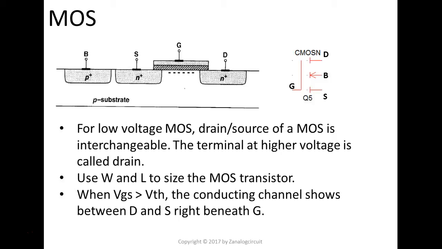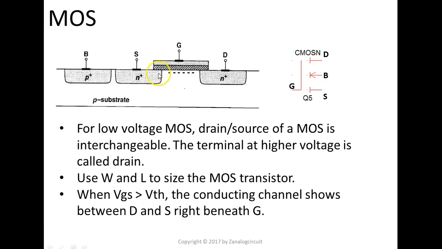Things are more obvious when you look at the cross-section of the MOS in the layout. As we just said, when you apply a positive voltage between gate and source, and that voltage is higher than the VT threshold, a lot of electrons accumulate beneath the gate in this channel.